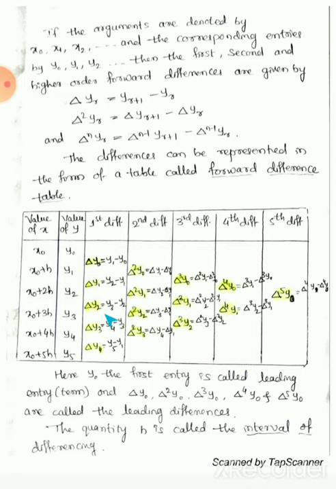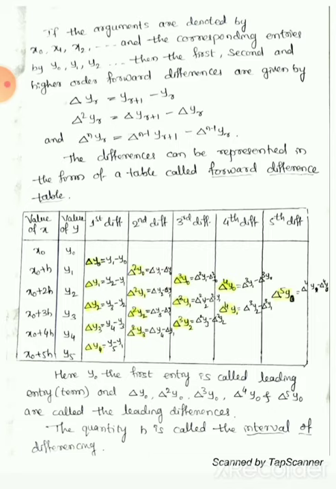Then the first difference of y1 you can calculate: del y1 equal to y2 minus y1. And del y2 is equal to y3 minus y2. Del y3 is equal to y4 minus y3.